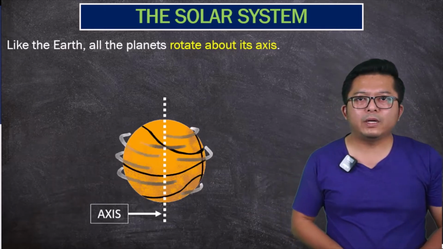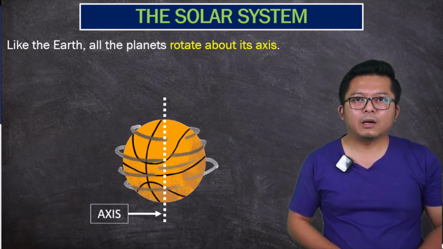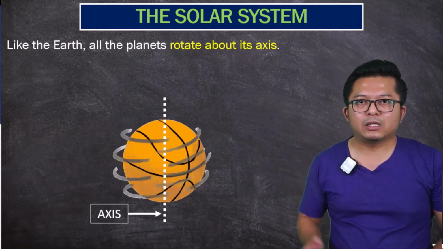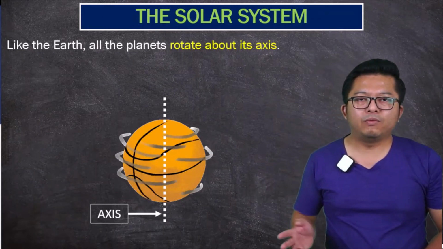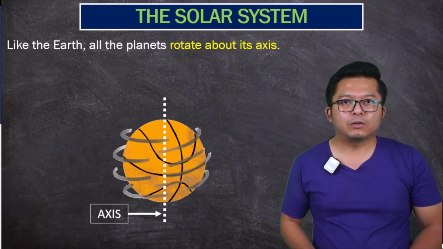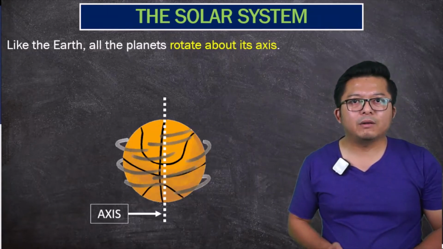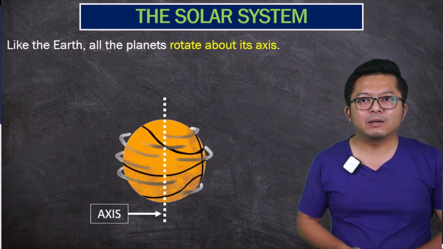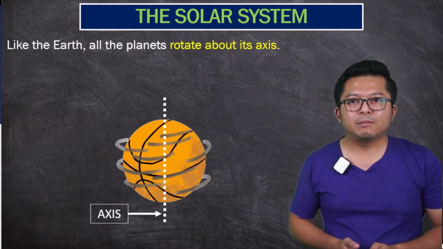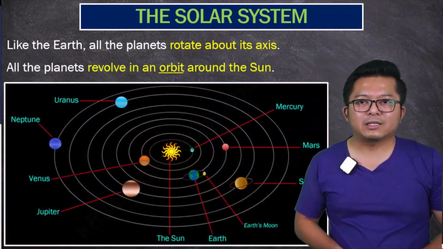So all the planets rotate about their axis, whether it's Mercury or Venus, Earth, Mars, Jupiter, Saturn, Uranus, or Neptune. Every planet in our solar system rotates about its axis.